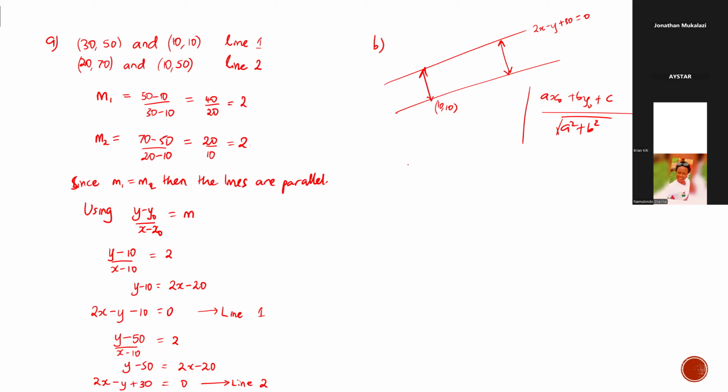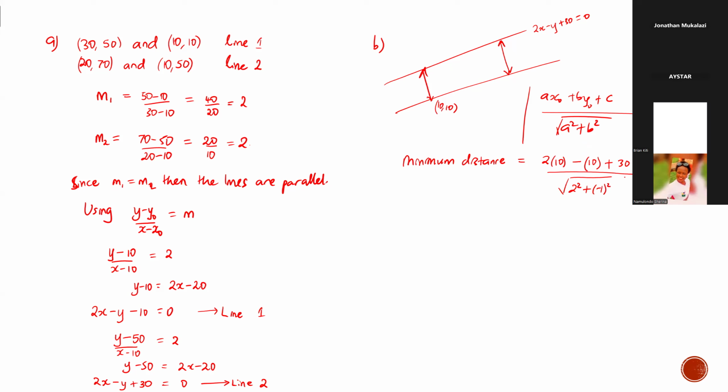So in this case, the minimum distance of (10, 10) from the line 2x minus y plus 30 is equal to 0 would be, in this case, our A is 2, so that's going to be 2 times 10, minus 10, because our B is -1 and our y naught is 10, plus C. Our C is 30 in this case, and we're dividing all this by the square root of 2 squared plus (-1) squared.